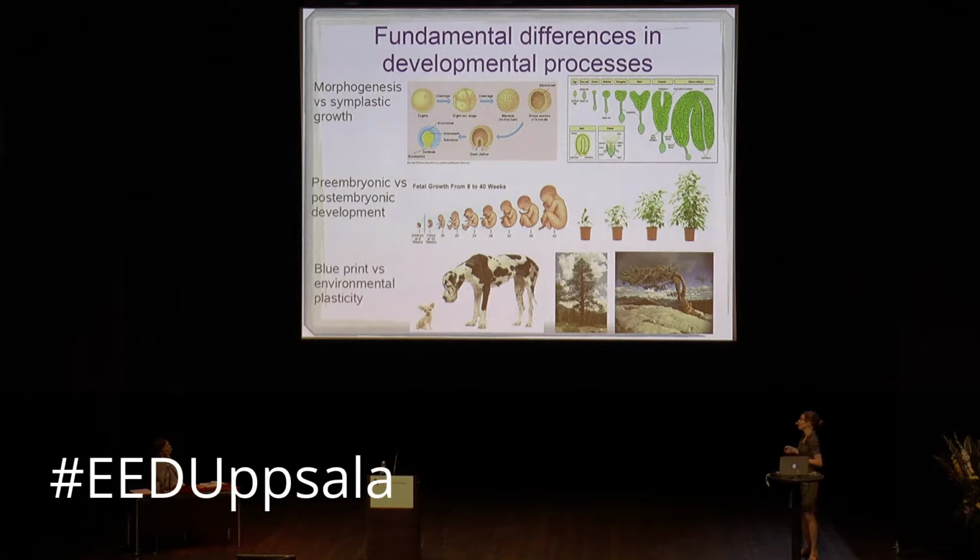And then a final important distinction is that in animals, most developmental patterning is kind of blueprint-like. I mean, even if we would scale these dogs to a similar size, then they have the same number of legs at relatively the same positions, etc. And in contrast, in plants, environmental conditions play a huge role, and there's much variation.